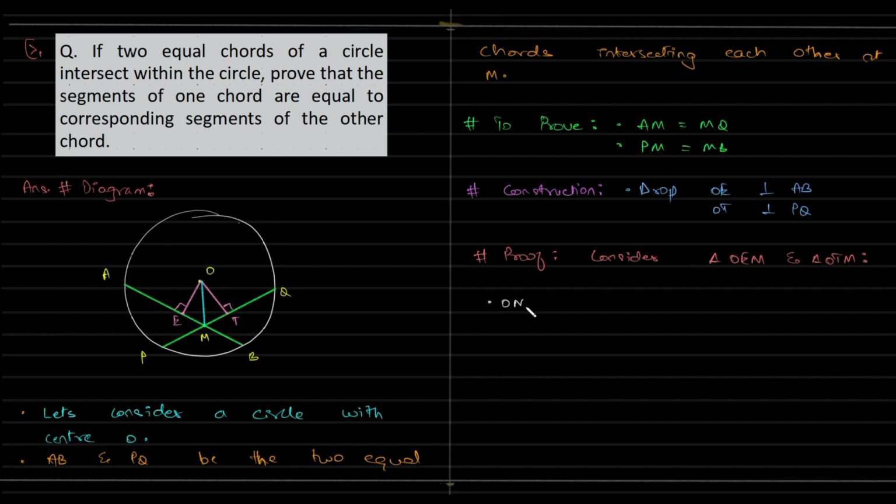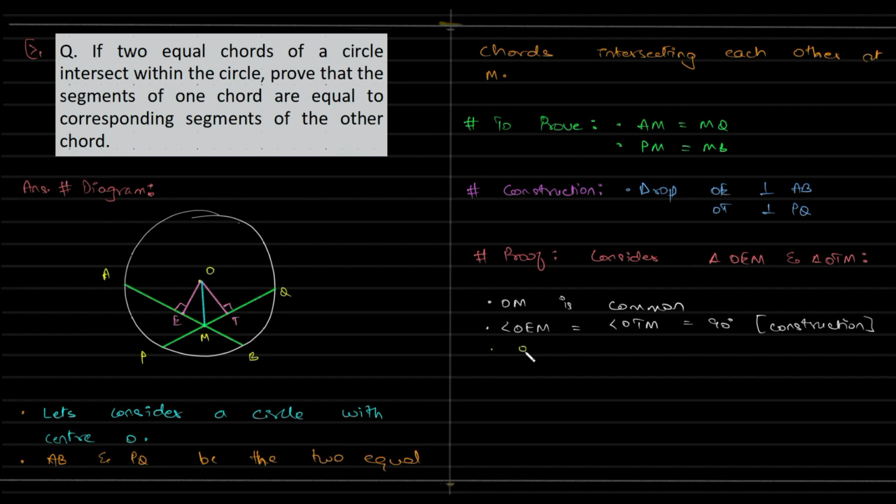To begin with, OM is common, right? Okay, then angle OEM is equal to angle OTM, this is equal to 90 degrees. Reason being the construction. Right? You can refer to the construction, you will understand.